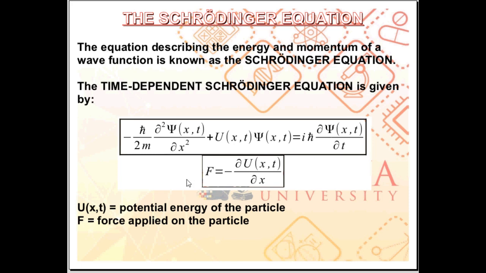F is equal to negative partial differentiation of U with respect to x. U is the potential energy of the particle, whereas F is the force that is applied on the particle. In determining the wave function of a particular particle, we use the Schrodinger equation.